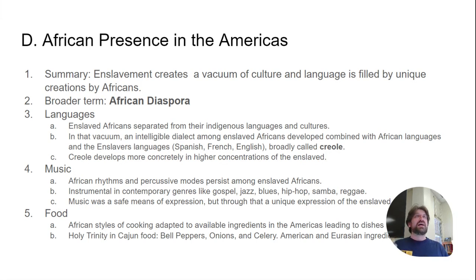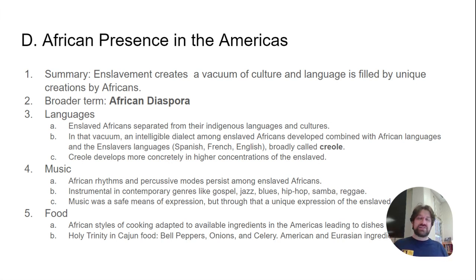In fact, it might have been to a slave owner's benefit to separate Africans of similar languages and cultures from each other to keep them from becoming united. Okay, so in that case, African language is no longer intelligible among the Africans that are working together. But still, meaning and communication has to occur.